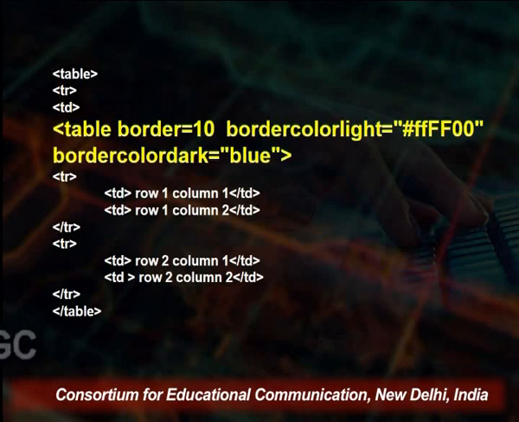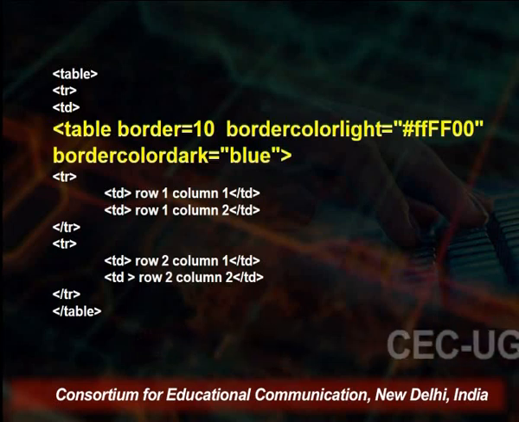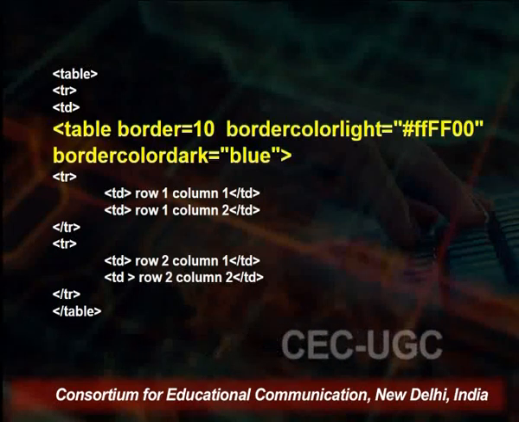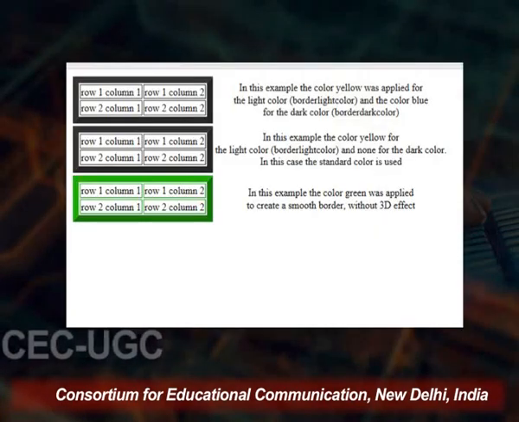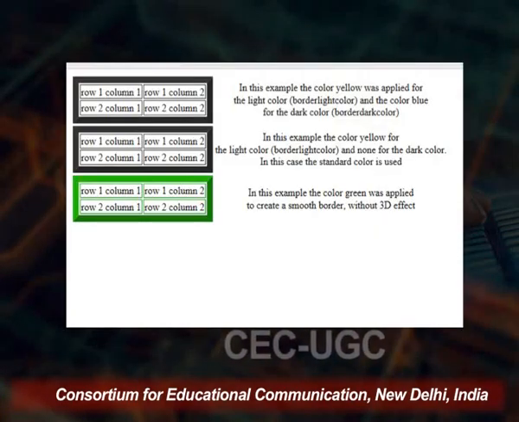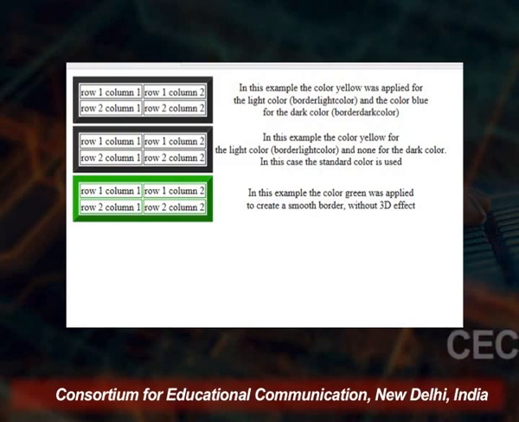So when you give both these colors, that is you give border color light and you give border color dark, then a 3D effect can be created within your table. As you can see here, when you give these, it creates a 3D visual effect in your table, right.